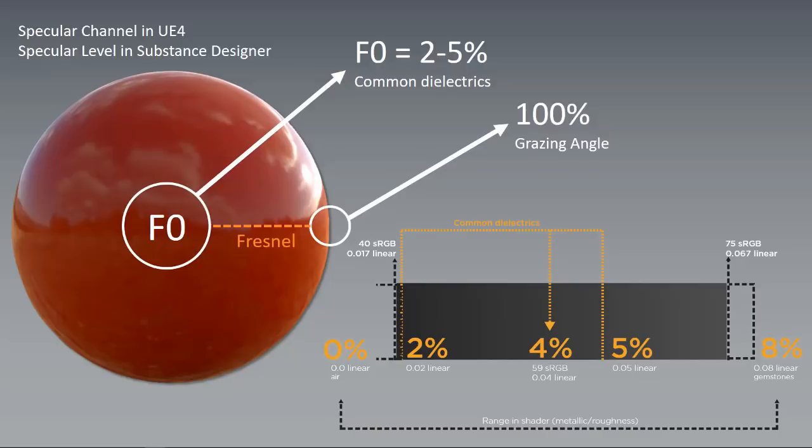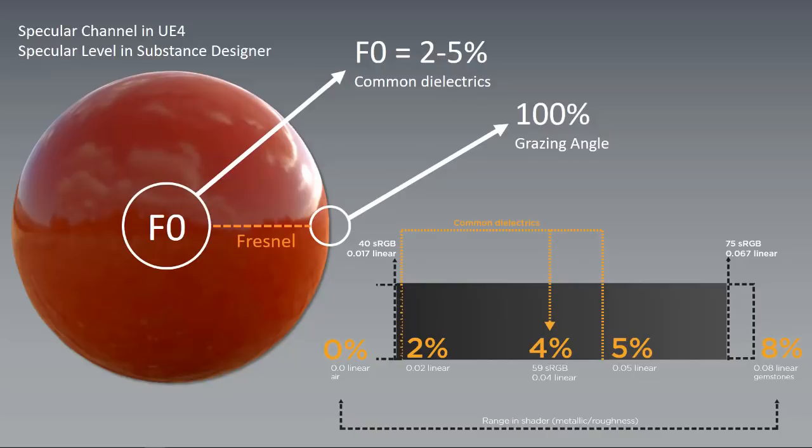Inside the UE4 shader, the value range for that specular channel is actually going from 0% to 8% reflective. The shader's range is only a value between 0 and 1, so it takes 0 to 8% and remaps it to 0 to 1. At 0, we're getting 0, and at 1, we're getting 8%.